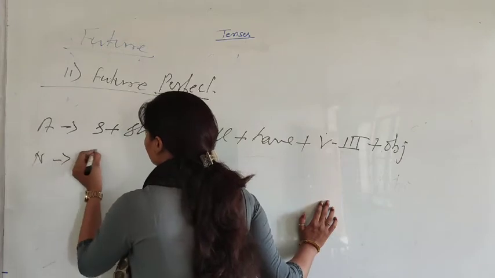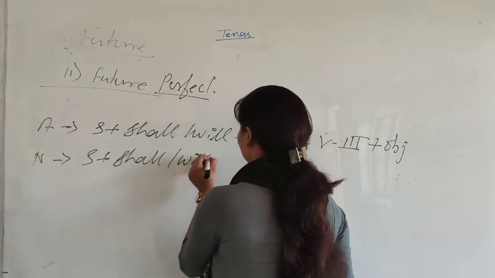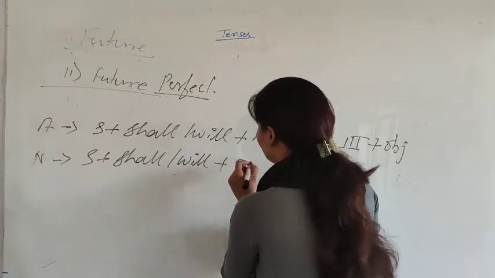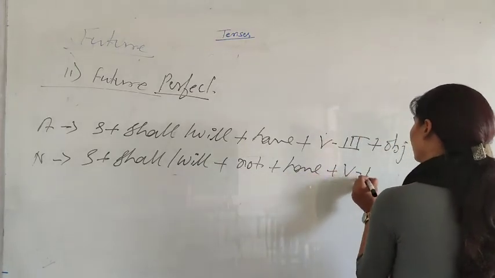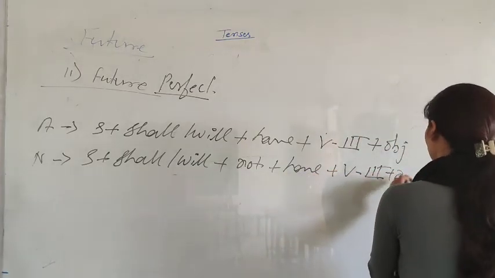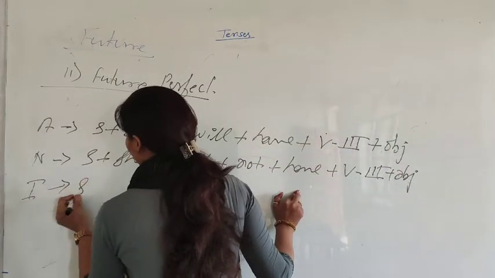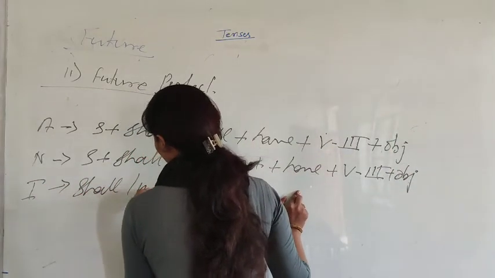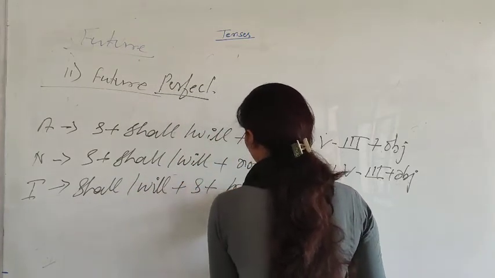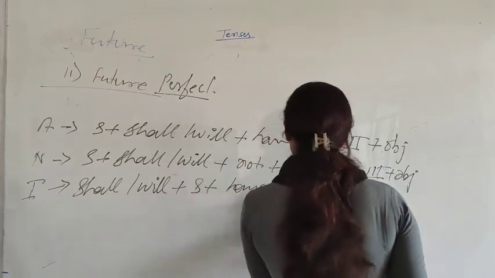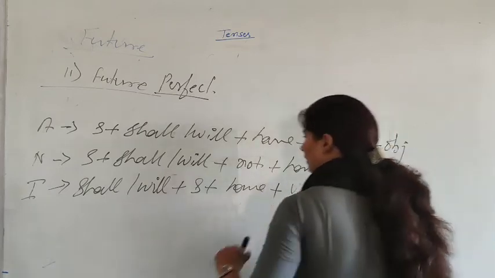Negative is subject plus shall/will plus not plus have plus verb third form and plus object. Interrogative is shall/will plus subject plus have plus verb third form and plus object and the question mark.